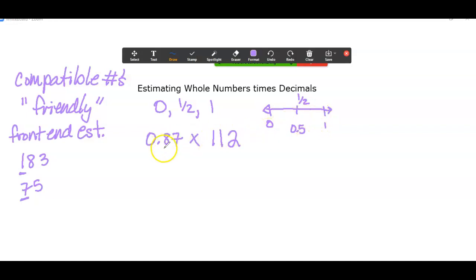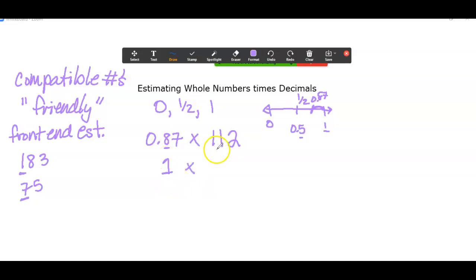Well, I know if this is an 8 and this is a 5, that the 8 has to be bigger. And I think 87 hundredths is maybe about right there. So 87 hundredths would be closer to 1. So I'm going to change 87 hundredths to 1.